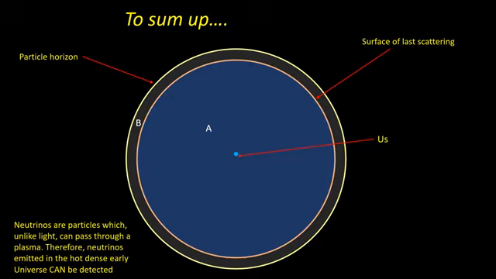If a neutrino was moving near the speed of light, we could see it if it was just outside the surface of last scattering. So that's region B in this diagram, whereas objects within the surface of last scattering are region A. And finally, we can't receive any information from outside the particle horizon. That's region C in this diagram.